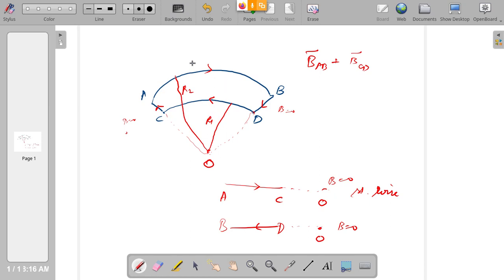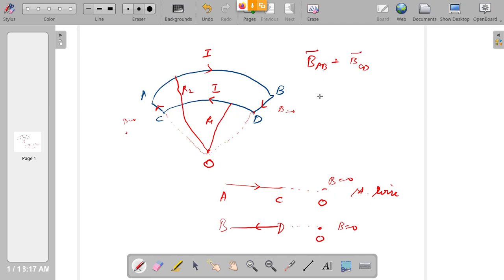Now if the same current I is going through these two segments, which one will have a higher magnetic field? CD will have a higher magnetic field, because the angle subtended by both these arcs is the same, and therefore even if you consider the currents to be the same, CD is going to have a higher magnetic field.